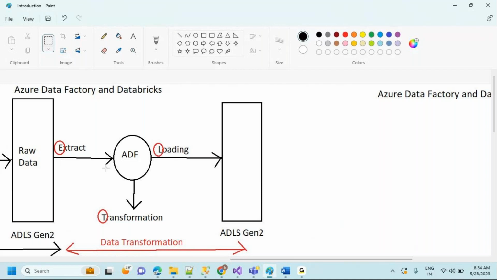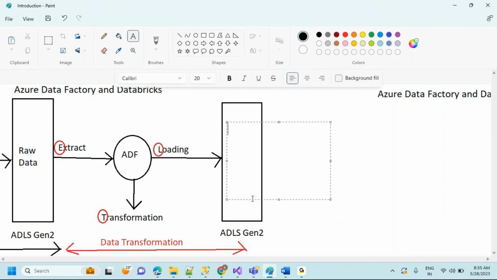Whatever the name is, we have raw data in this place. Then we integrate and transform the data with the help of Azure Data Factory and load it into the destination. Again the destination is Azure Data Lake Storage Gen 2, and this is cleansed data.